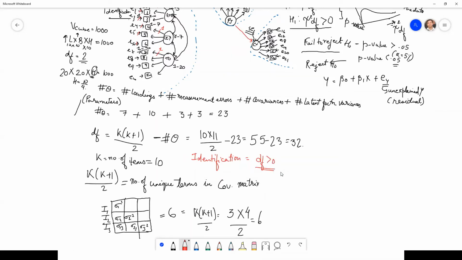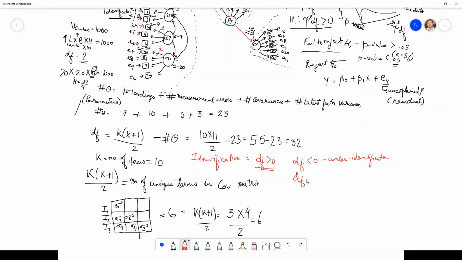Right? Degree of freedom should always be greater than 0. If you have degree of freedom less than 0, it is called an under identified model, and the tool will give you an error. What does it mean? When will this number be negative? When you are trying to estimate more parameters than the number of inputs you are giving to the tool. So the tool will give you an error and stop.